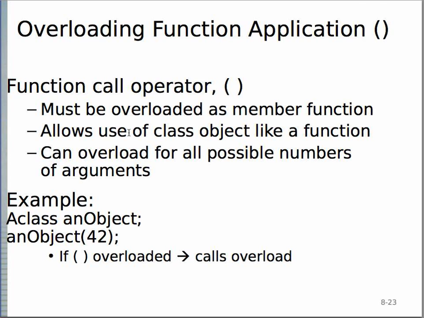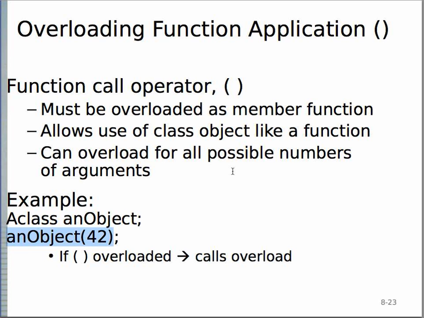For example, let's say we create an instance of the A class called an object, and we can call the operator and anything that we want using what looks like a method call. This will only work if you overload the open close paren operator.